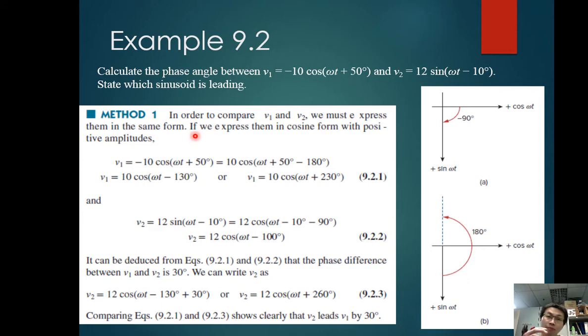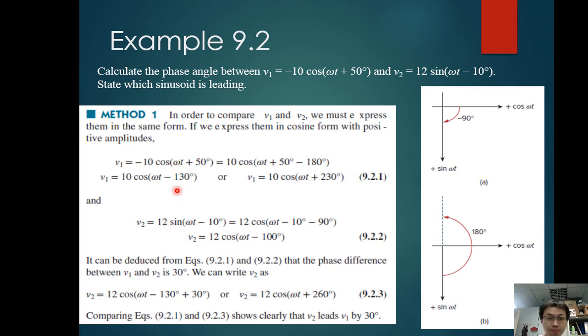When we want to do the comparison, it must be apples to apples. First, we found that V1 is in cosine and V2 is in sine. So we need to turn one of them into either cosine or sine. In this example, we will convert V2 to a cosine function.